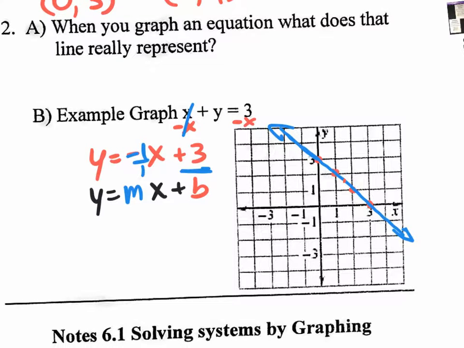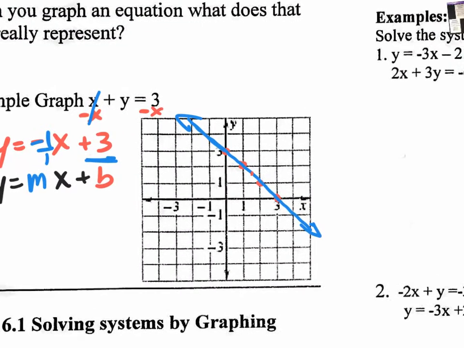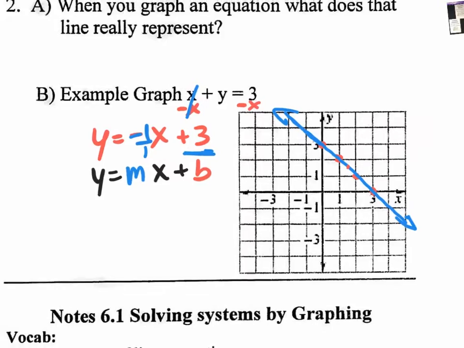I mean, we already know that an answer could be 100 and negative 97. That'll also give me the answer 3. So if I did go from the origin to 100 way out here and then negative 97 way down here, it will land perfectly on that line. So this line represents every single answer that exists to an equation. That's why we graph.